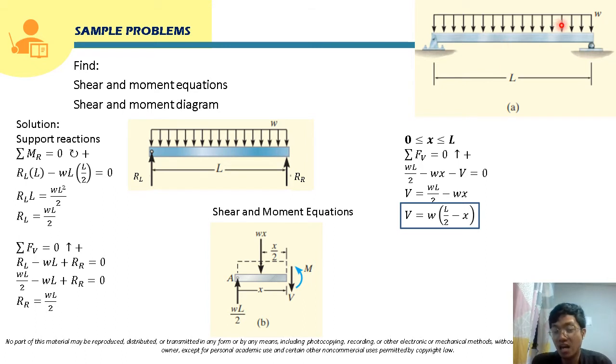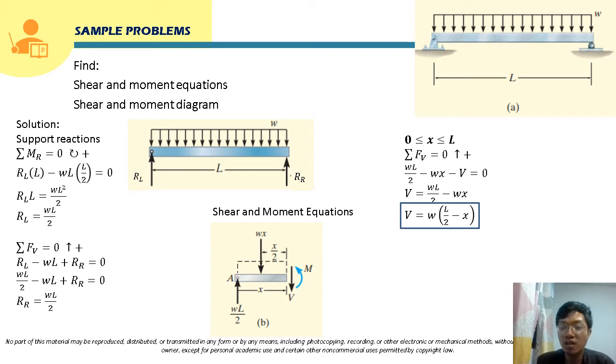Also, let's say here at this section, the distance x will be the distance from the left. So we can just substitute that distance x from the left in this equation and solve for the internal shear force acting at that section. So that's the purpose of our equations here. So this will be for the shear equation.